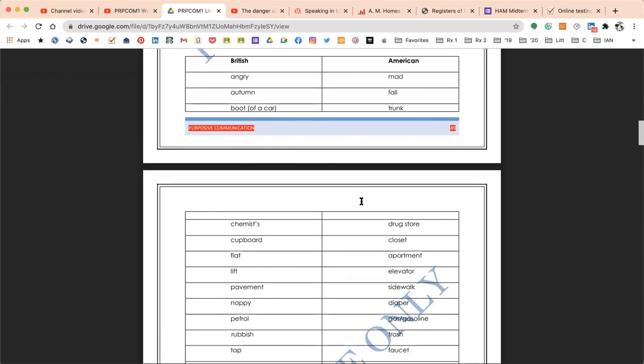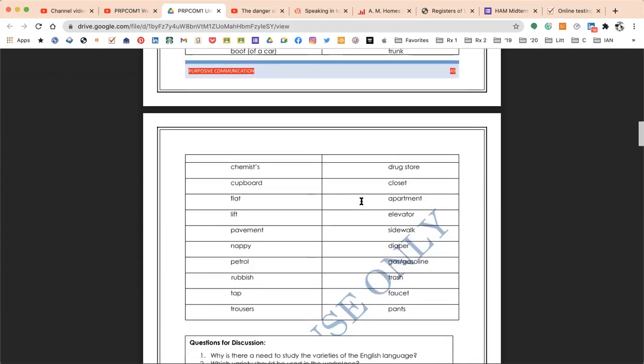So when you say "angry" or "angry," that's actually British, except when you say "mad," which becomes American. The word "elevator" that we also use is actually very American. In the British concept, they call this the "lift." We are the only ones who also use "sidewalk" because we got it from the American influence. But in a British concept, you say "pavement," right?